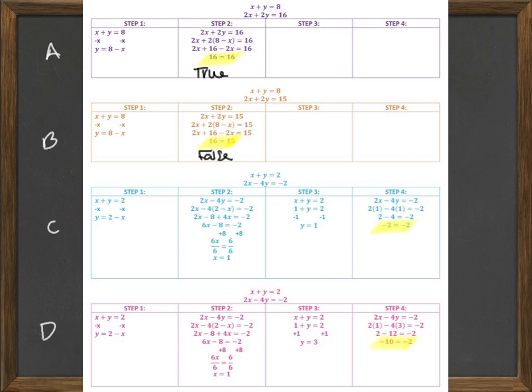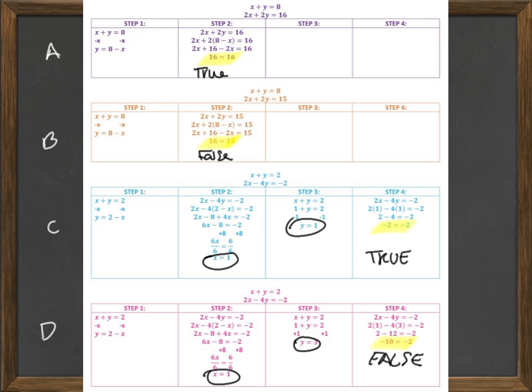If I look at letter C, the blue one, we have a true statement in step 4, but that's after we've already found a value for x and y. And then lastly, in D, we have a false statement in step 4, again, after we've already found a value for x and for y. Okay, so let's analyze this and think about what this is telling us.